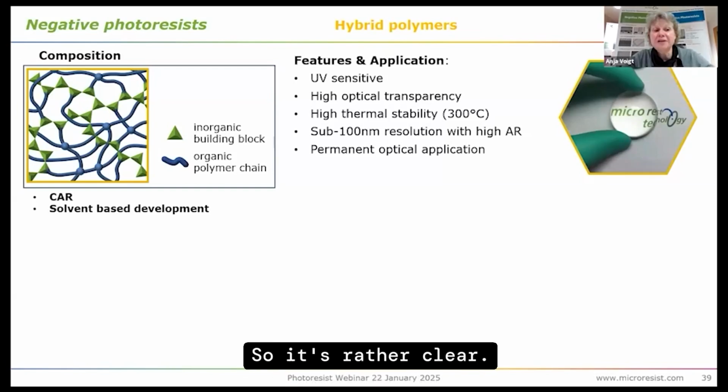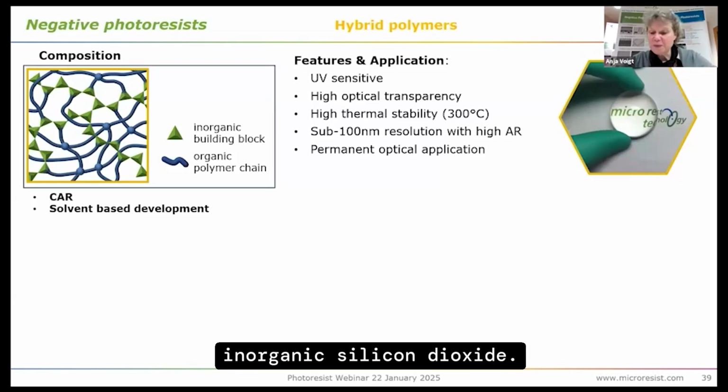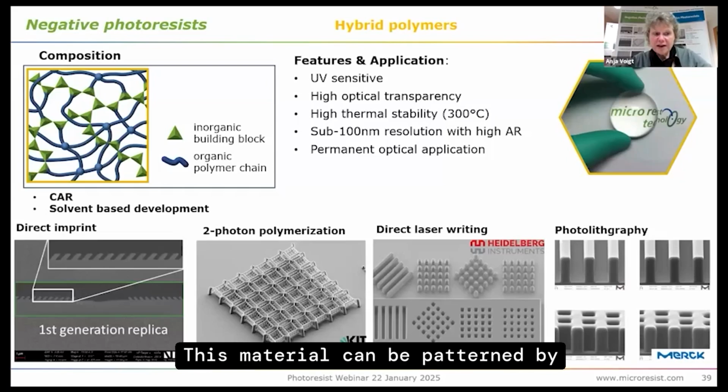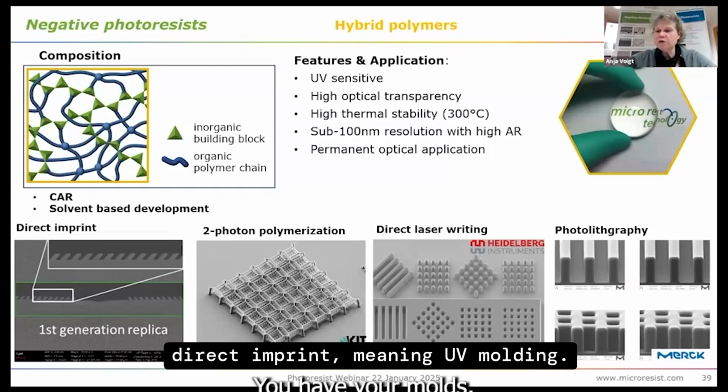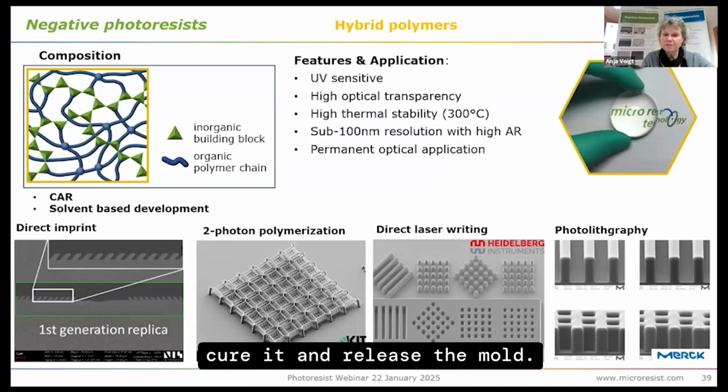It's rather clear. So the polymer itself, with inorganic silicon dioxide, is not that colored. This material can be patterned by direct imprint, meaning UV molding. You have your mold, press it in, cure it, and release the mold.